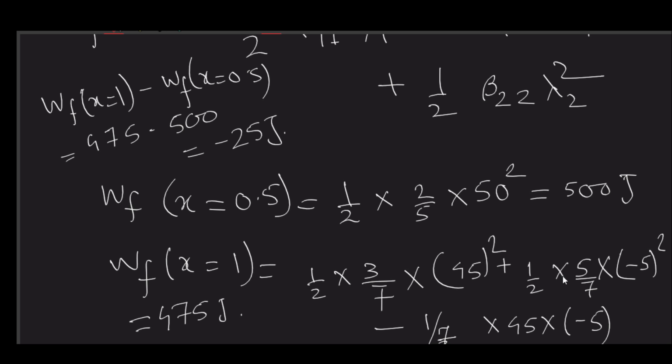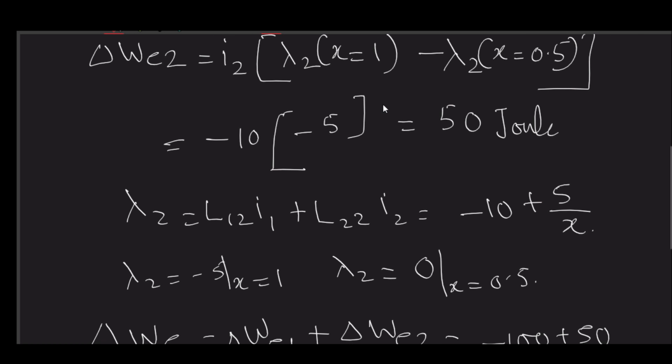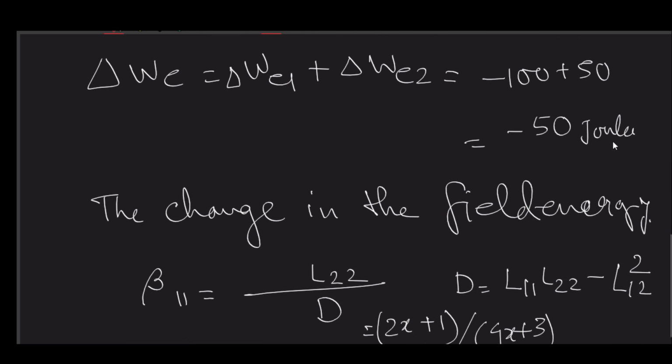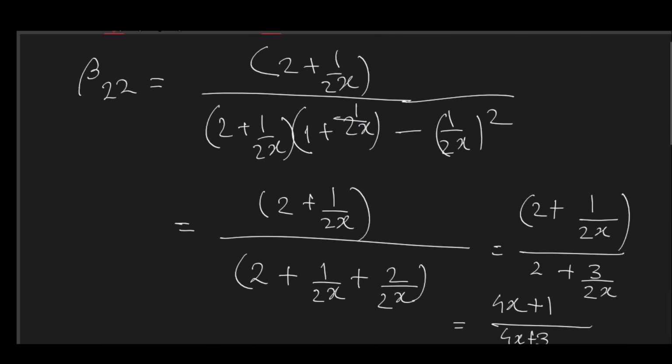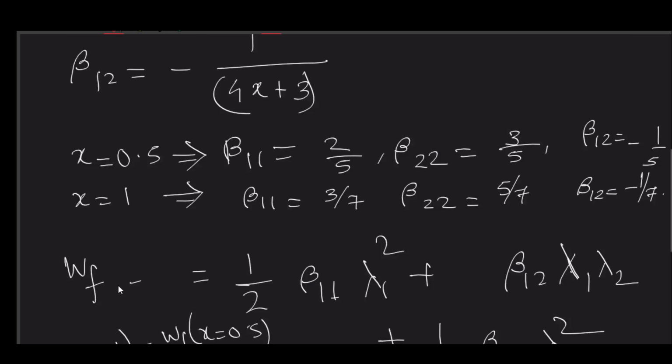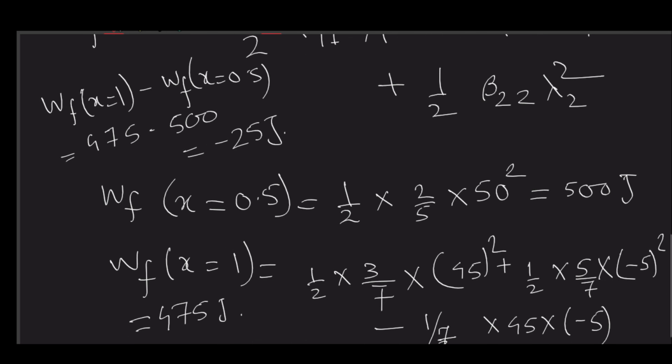Your mechanical work done is minus 25 joule, while the electrical one is minus 50 joule. So electrical work done is minus 50 joule, then minus 25 joule is mechanical work done, and minus 25 joule is stored in the magnetic reservoir.